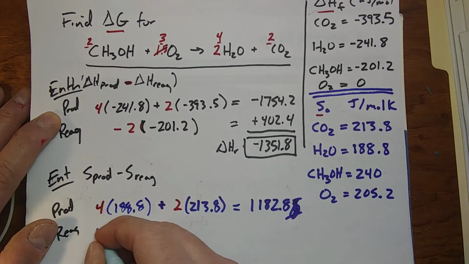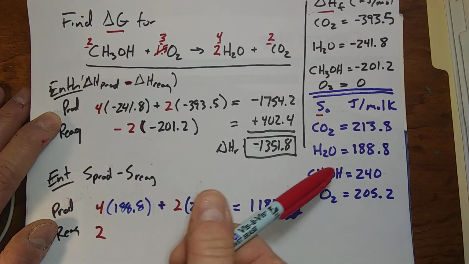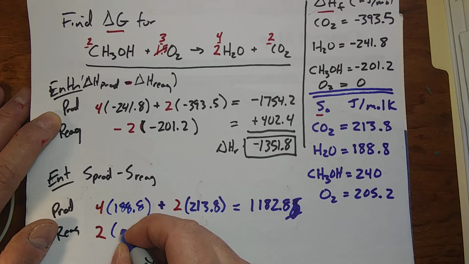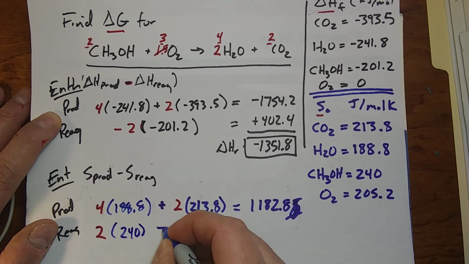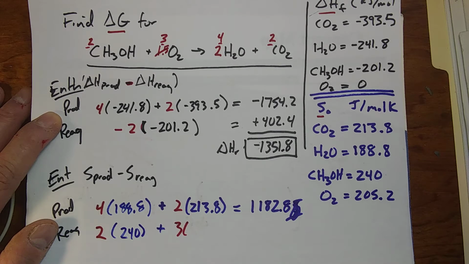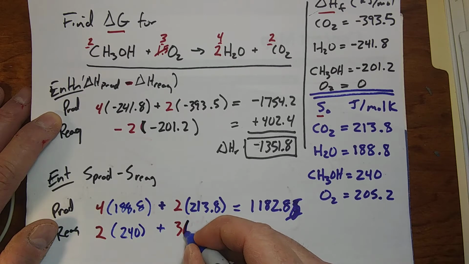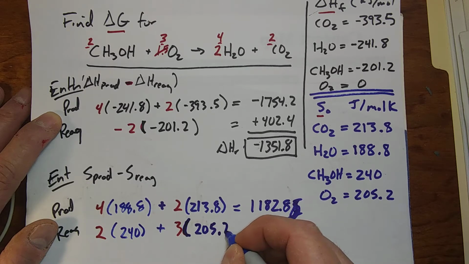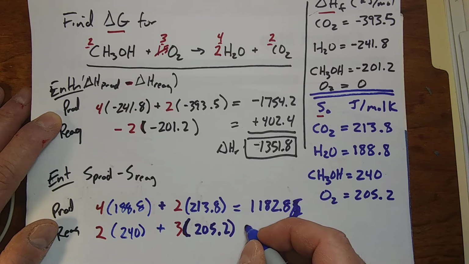So our reagents, it's going to be 2 times the entropy for methanol, which is 240, plus the 3. Now oxygen does have an entropy value, 205.2. And we're going to add all that together and subtract that from this.